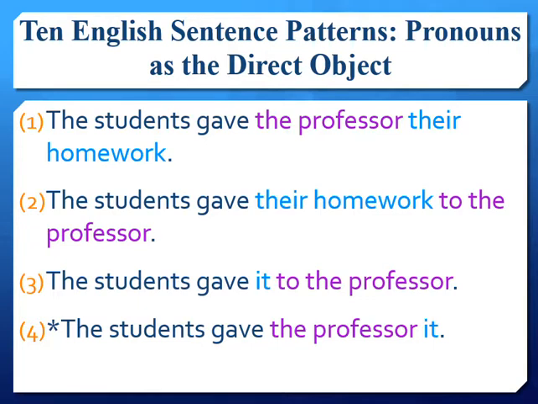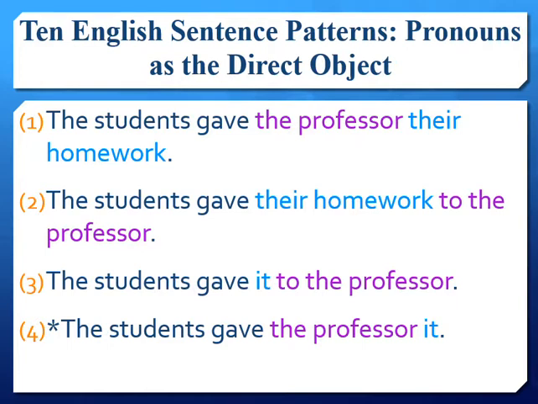When the direct object is a pronoun, the direct object must precede the indirect object, and the indirect object must follow a preposition when the indirect object follows a direct object. For example, the direct object, their homework, is a noun phrase that can be replaced by the pronoun it.